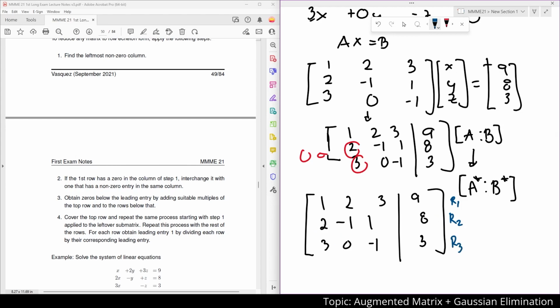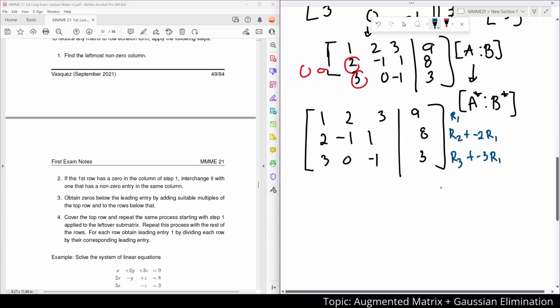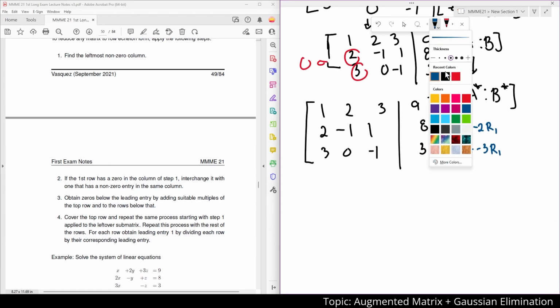To row 2, para mag-zero out itong 2 na to, we want to add multiples of row 1. So we're going to be adding negative 2 of row 1. Then for the third row, para mag-zero out to, we add negative 3 of row 1. Doing that, we will get the following.